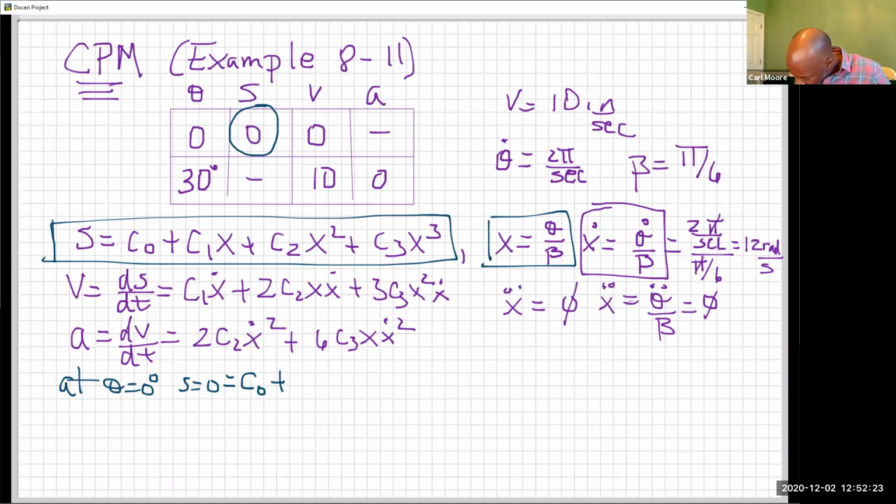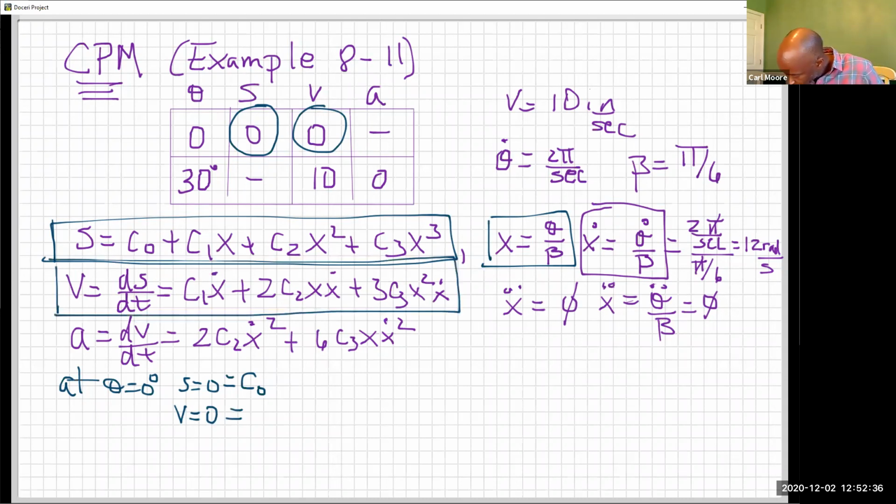Then we do our B. At theta equals 0, B is also equal to 0. And so we look at our B equation, and wherever there is an x, it's going to go away. So we're going to have a C1 x dot, but there's x's in the next 2 pieces, so we're not going to have anything there.